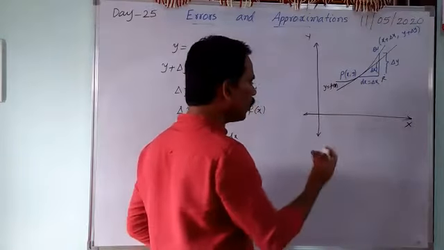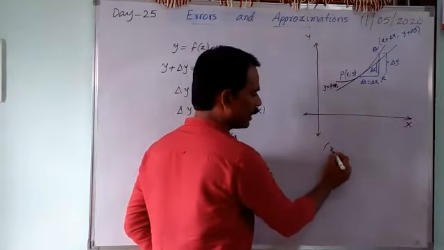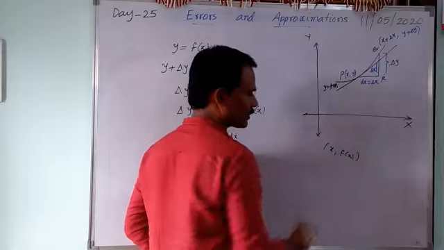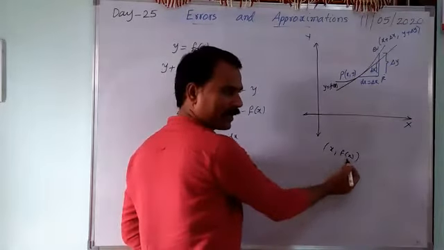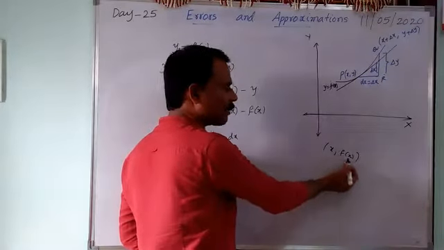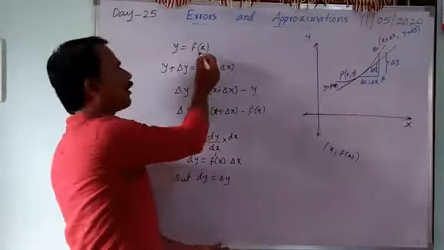Generally, how we write it: x comma f of x, because x comma y are our coordinates, and y is nothing but f of x.